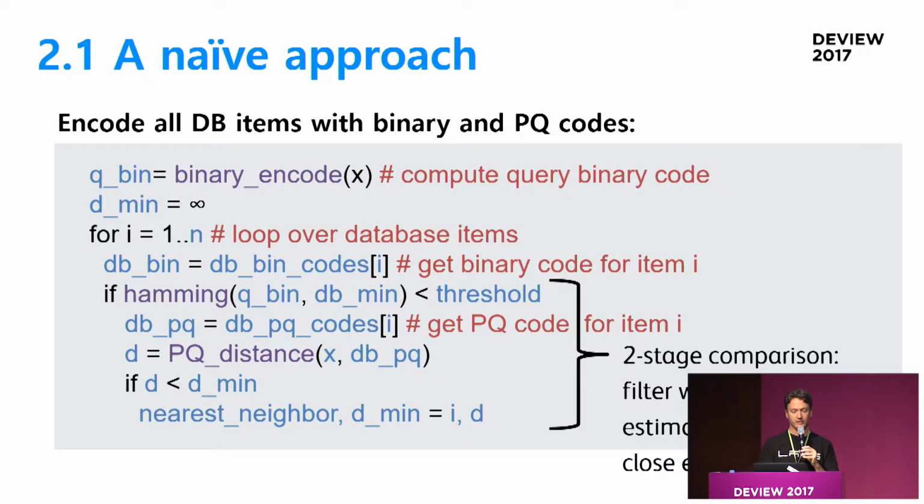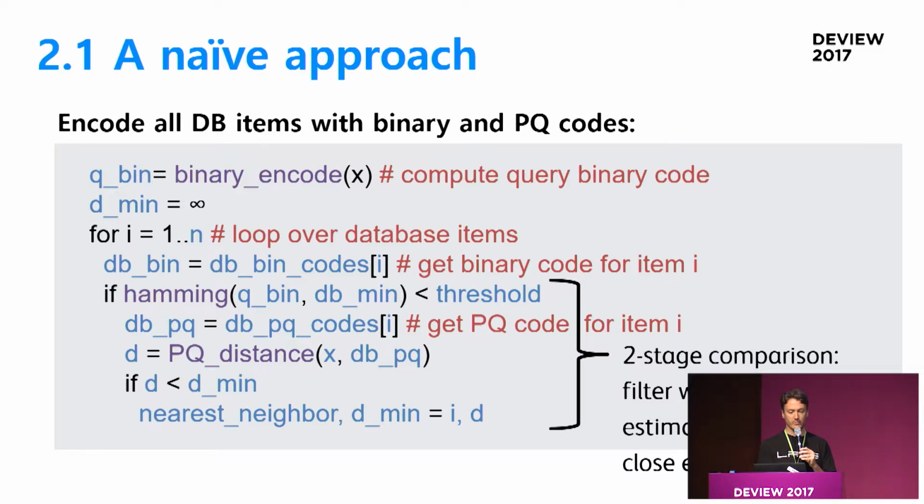So first, let me take you through a very simple and naive approach to solve the previous problem. What we could do in a very naive way is encode all our database items with both binary and PQ codes. So that when I'm provided with a new query vector x, I encode it in a binary fashion.